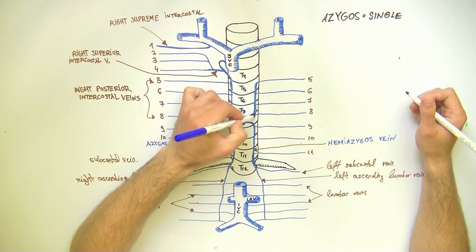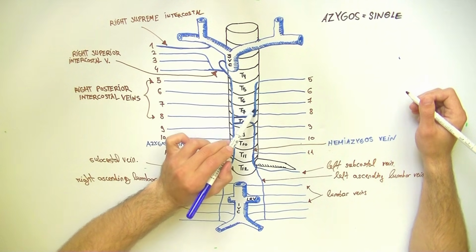So we have here the accessory Hemiazygos vein.